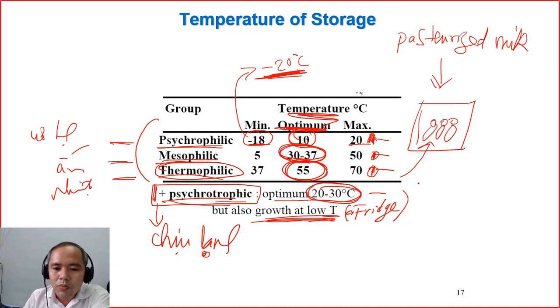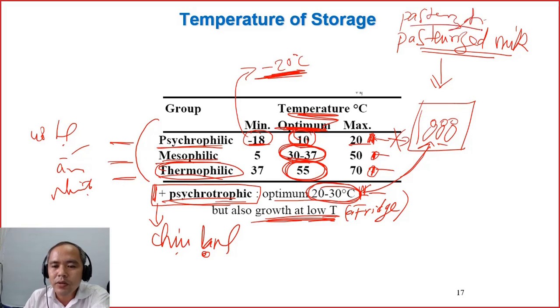The group which mostly causes spoilage of pasteurized milk in a fridge is this one, the psychrotrophic group, là cái nhóm chịu lạnh chứ không phải là nhóm ưa lạnh, not this one. Because this is pasteurized milk, it means we already applied pasteurization to the milk. When we apply pasteurization, then actually we already kill the psychrophilic because it's very easy to kill them.